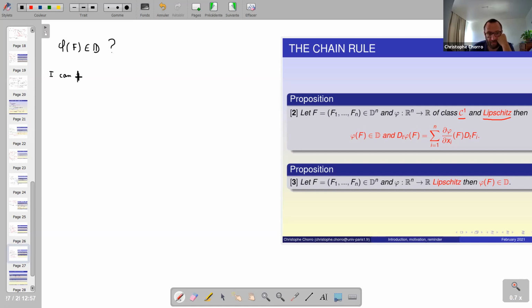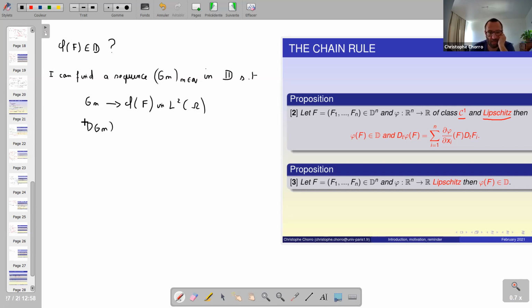I can find a sequence Gn in D such that Gn converges toward phi of f in L2 of omega, and D of Gn is convergent in L2 of omega times 0 capital T.